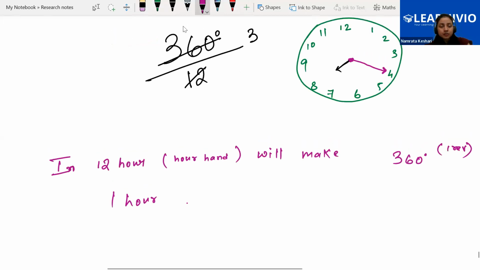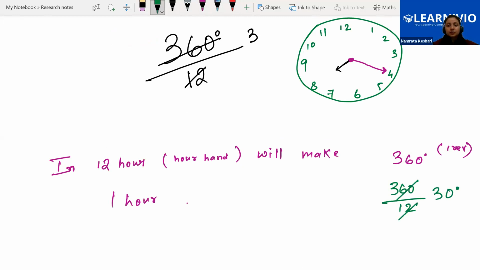Okay, so in 1 hour it will make 360 by 12, that means 30 degree.